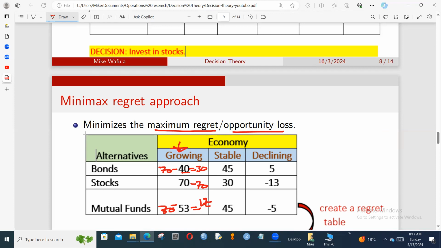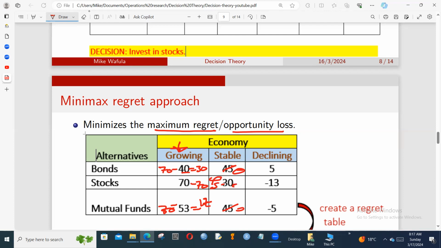However, when the economy is stable, the highest payoff during that season is 45. And so here we can see the regret will be 0. The regret under mutual funds will also be 0. But the one who has invested in stocks will be regretting, having 45 minus that.